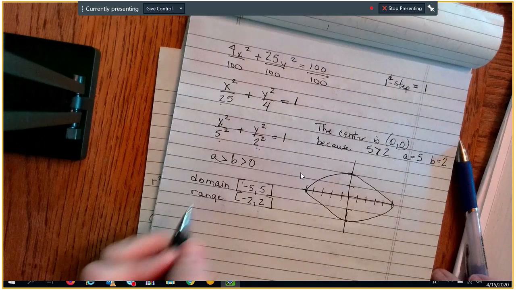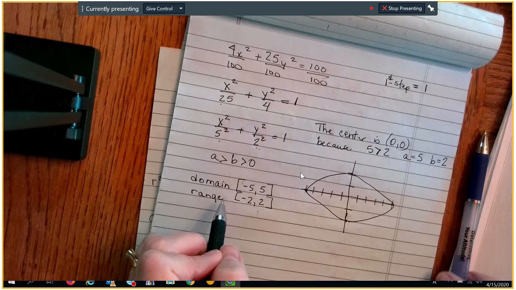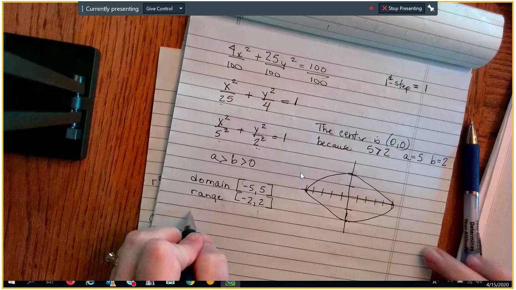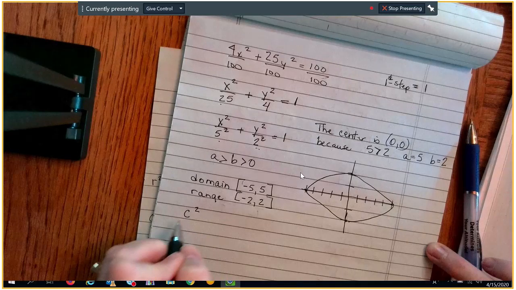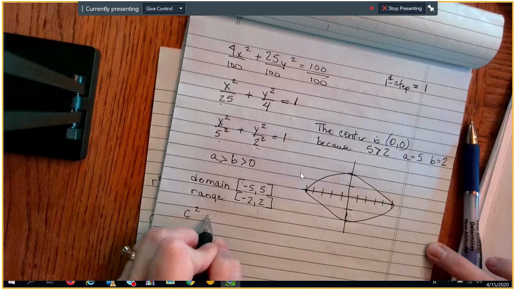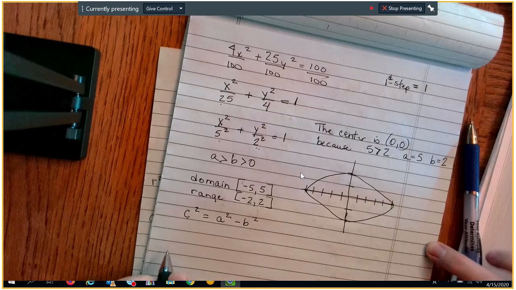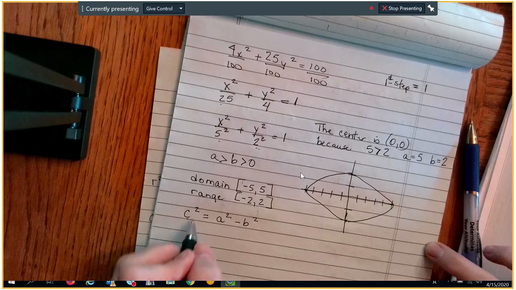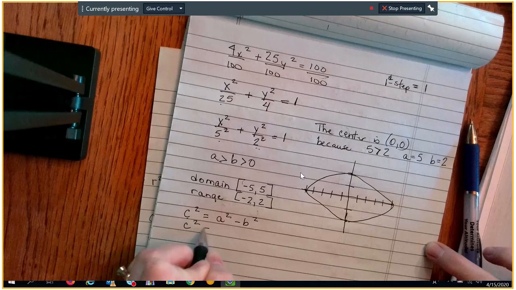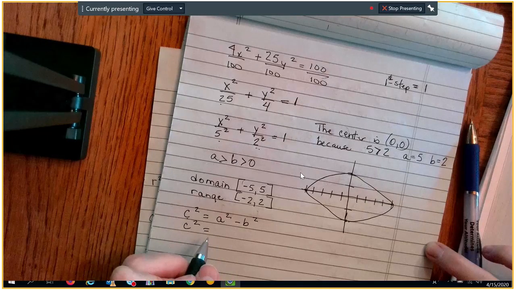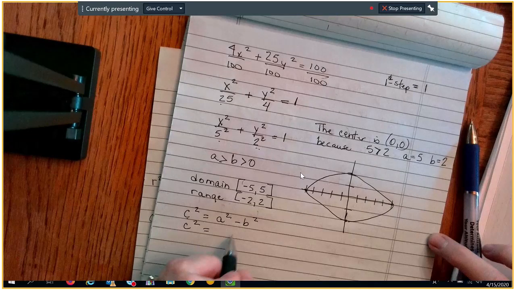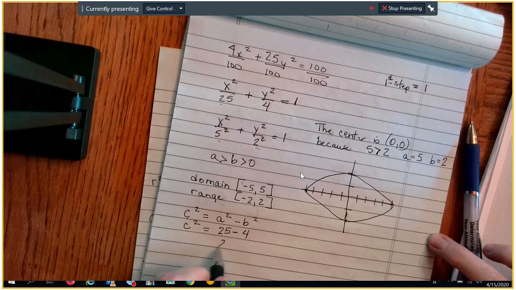And if I ask what the foci are, then we know that c squared is going to equal a squared minus b squared. So c squared is going to equal 25 minus 4, which is 21, equals c squared. I take the square root.